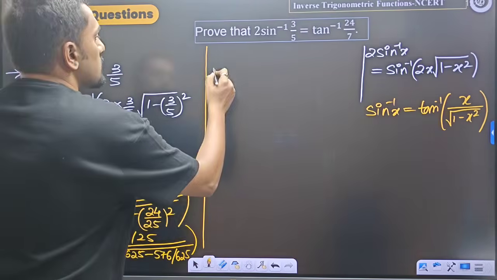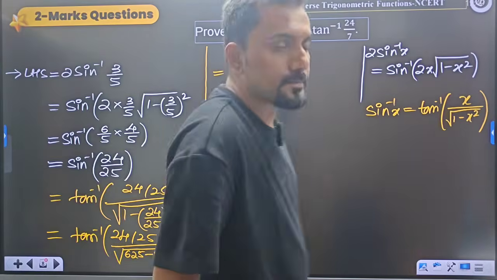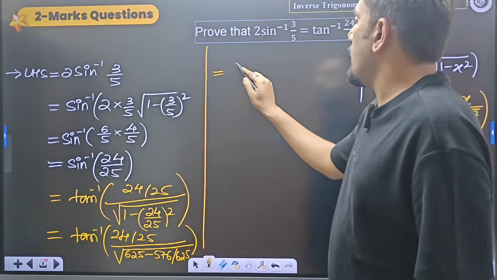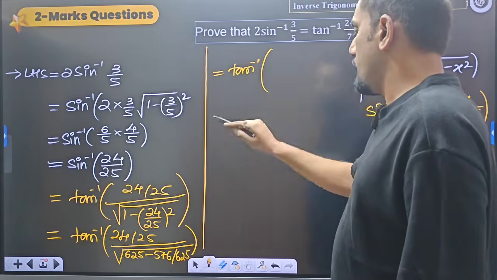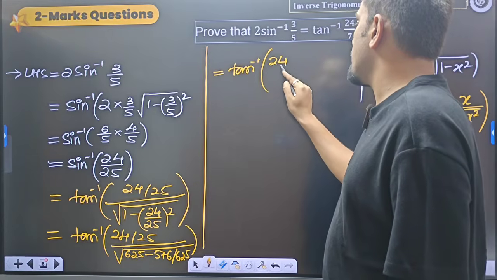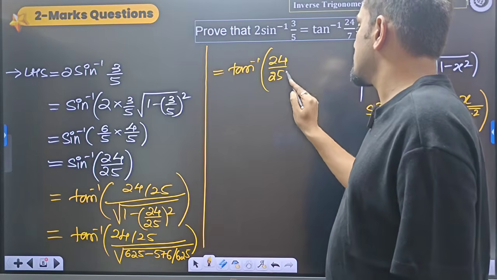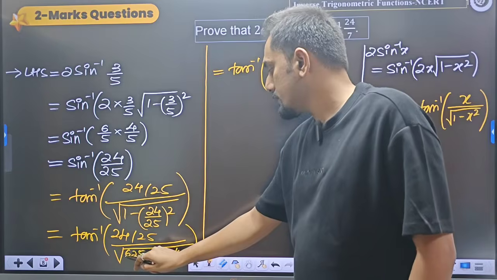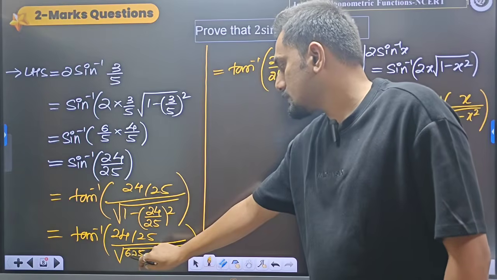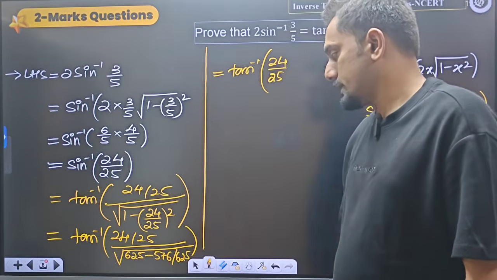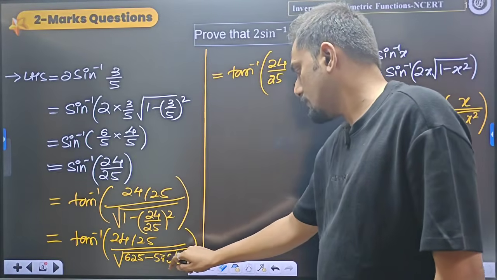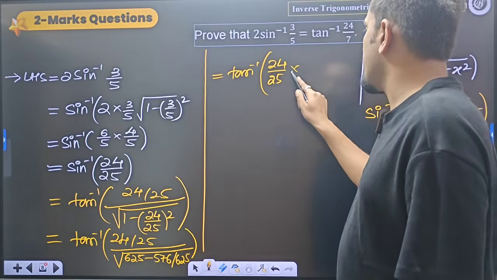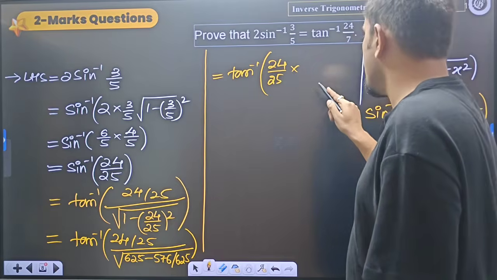Then what does it become? That is equal to tan inverse of, let me write 24 by 25 as it is. Then if I simplify this, under the root of 625 minus 576, 625 minus 576 will be 49, right?